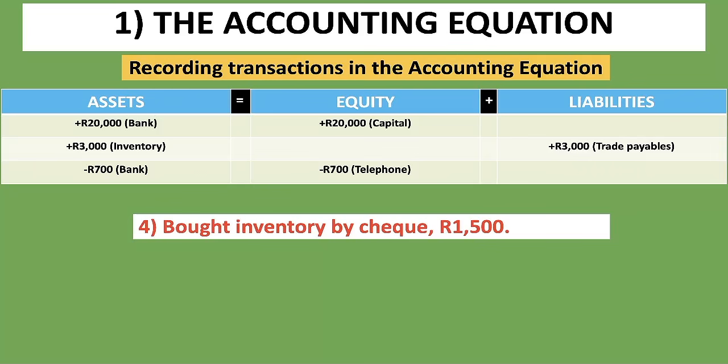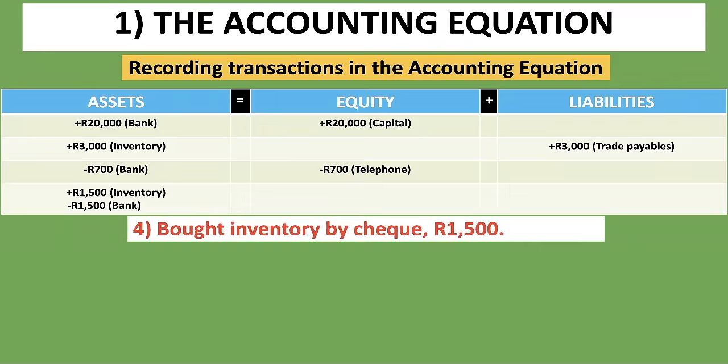Now, what account is inventory? Well, inventory is an asset. And what account is bank? Well, bank is also an asset. So what do you see here? We have two accounts that are both assets. So how do we record it in the accounting equation? Well, here is how it will look.